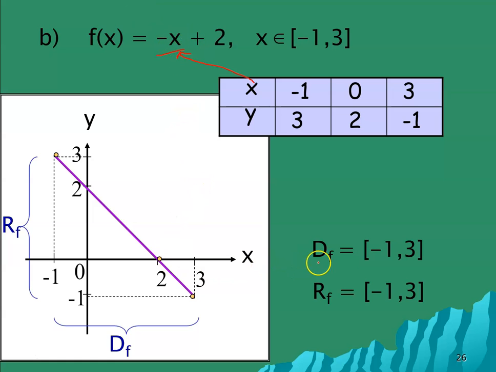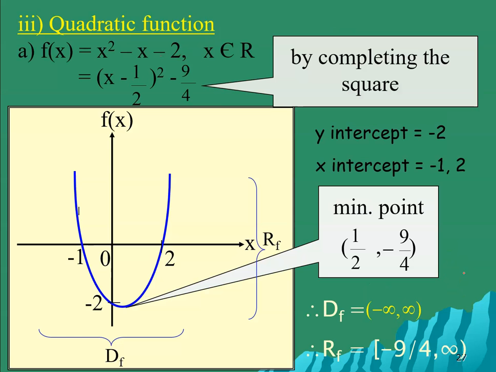So you will have like the domain will start from negative 1 until 3. Dia start dari sini, negative 1 until 3 saja domain dia. And the range will only cover from, sama juga, from negative 1 until 3. So this is the difference with the previous one.